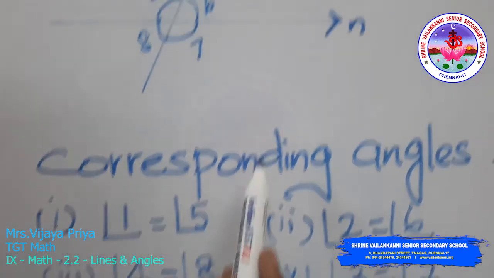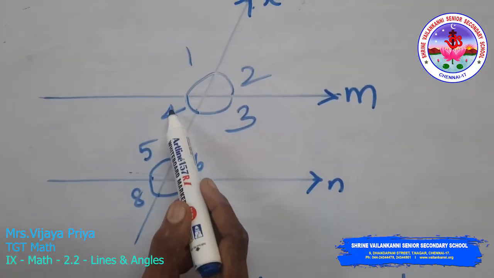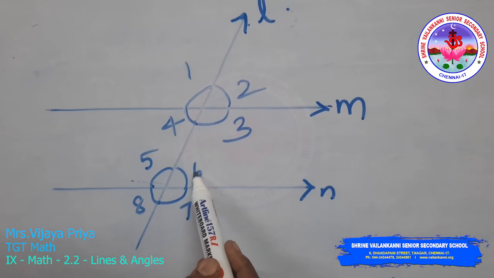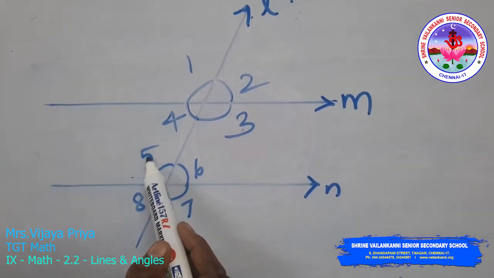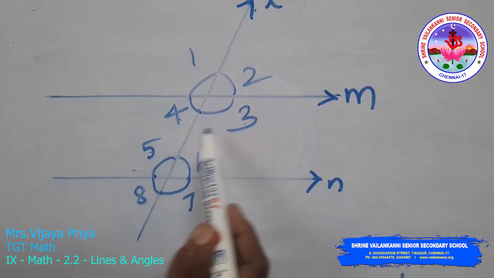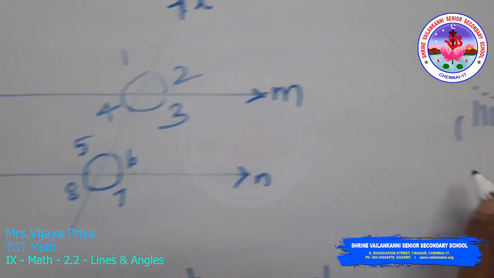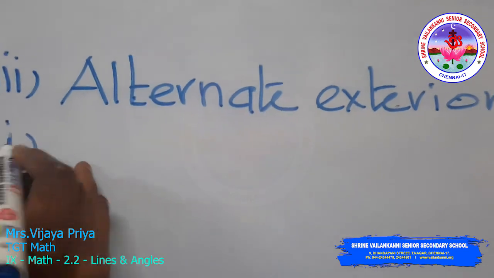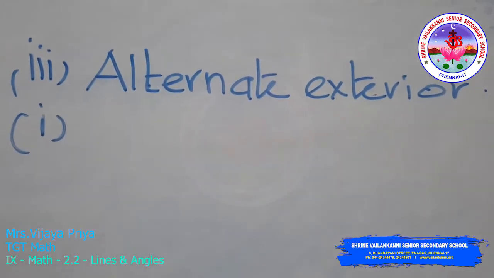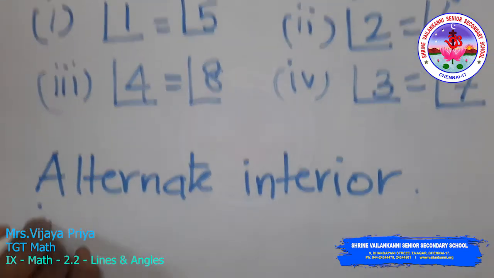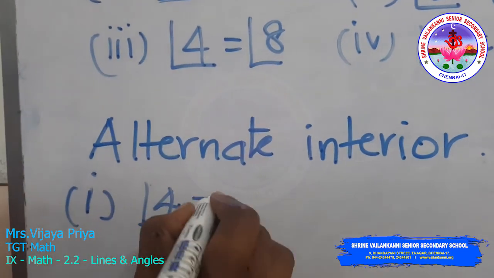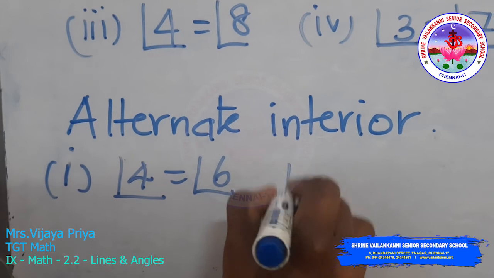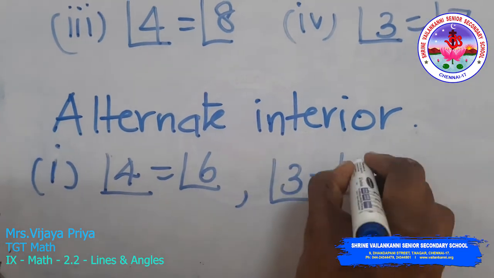Now going to the alternate interior angles, we found that 4 and 6 is one pair and 3 and 5 is the other pair. These pairs are also equal by the property. So angle 4 is equal to angle 6, and angle 3 is equal to angle 5.